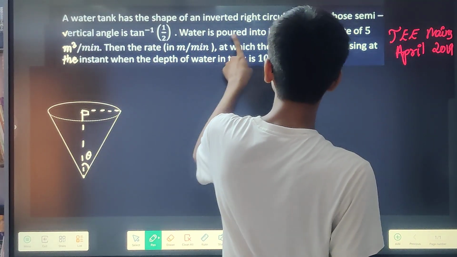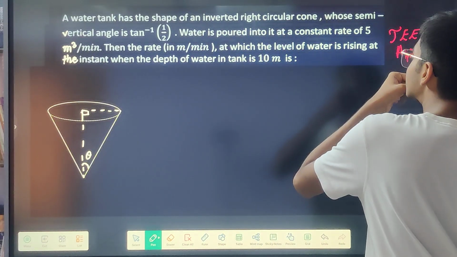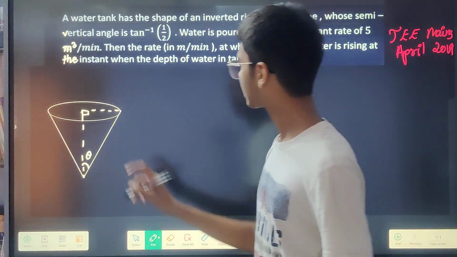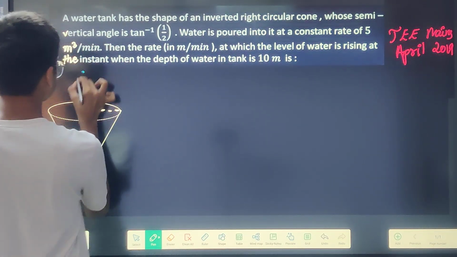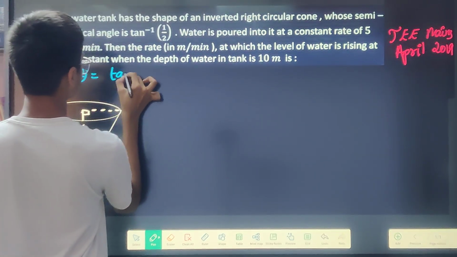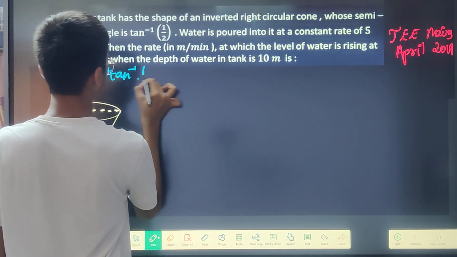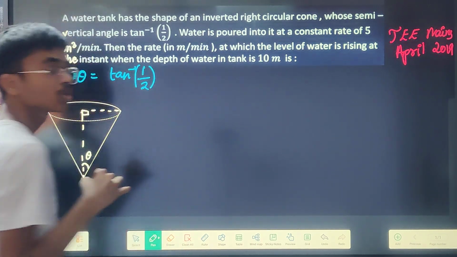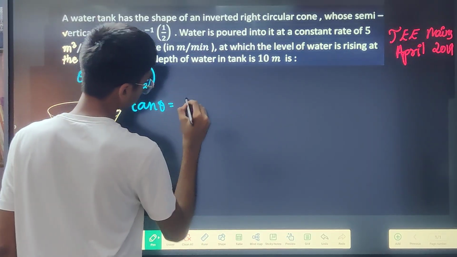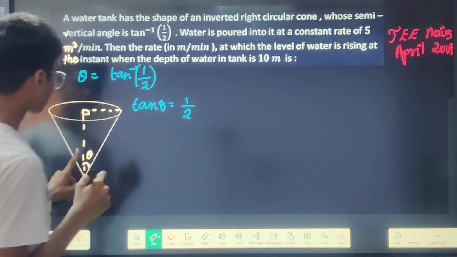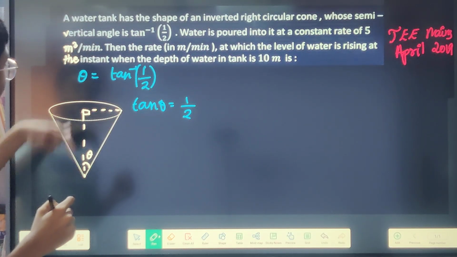Now, water is poured into it at a constant rate. So this theta is equal to tan inverse of 1 by 2, which means tan theta is equal to 1 by 2. So tan theta is opposite by adjacent.